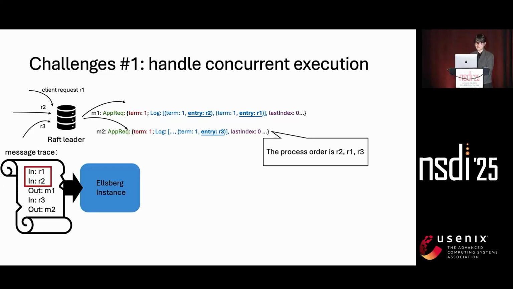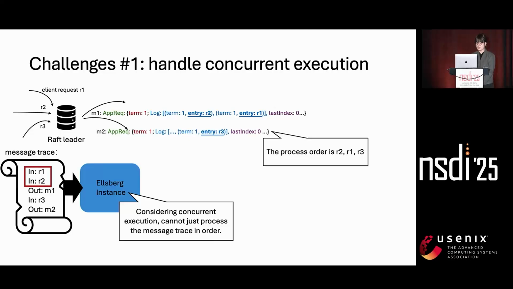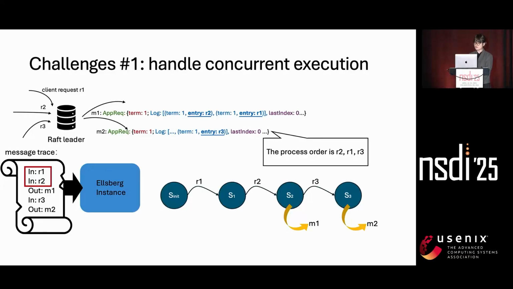Therefore, when Ellsberg checks the messages, considering concurrent execution, it cannot just process the message trace in order. For example, in this case, the trace order corresponds to the execution order R1, R2, and then R3, which is not aligned with the real order.